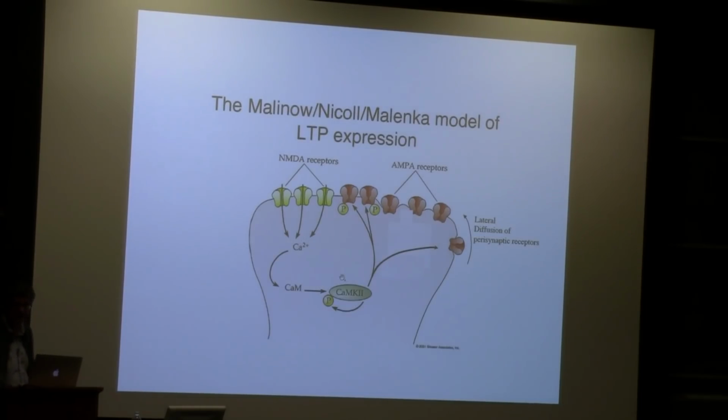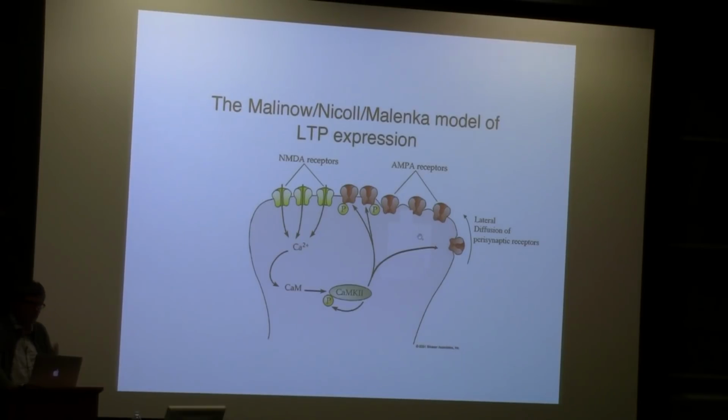So this is the current view: the NMDA receptors allow calcium to conduct, and somehow, through kinases that I didn't show you, it will activate processes that are not fully understood, and will allow lateral diffusion of AMPA receptors that are sitting outside of the synapse to move inside the synapse.